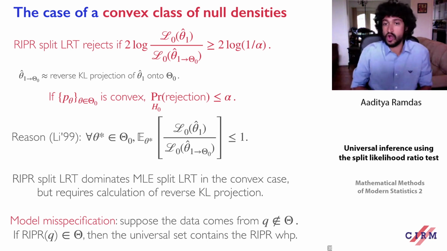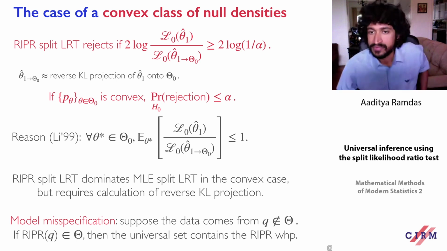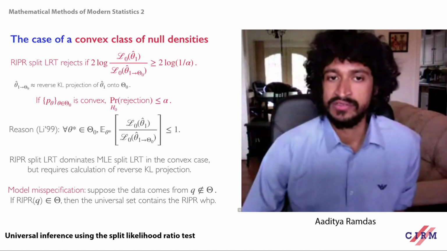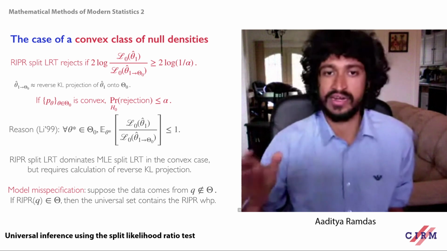For example, a mixture of two Gaussians is not a Gaussian, and a mixture of two log-concave distributions need not itself be log-concave. But there are sometimes some other sets of densities which are actually convex, and we give some examples in the paper.